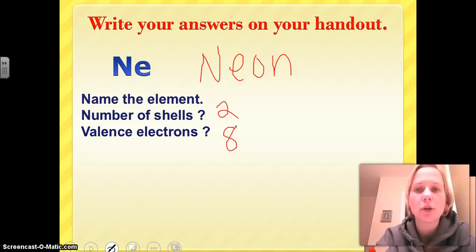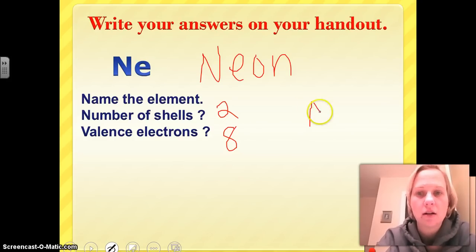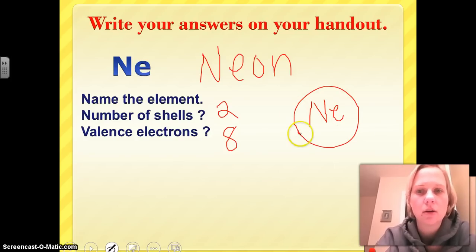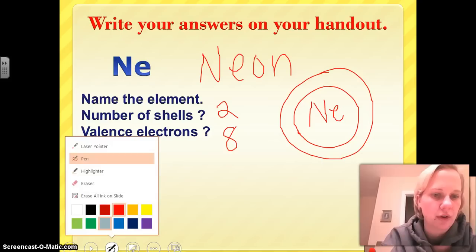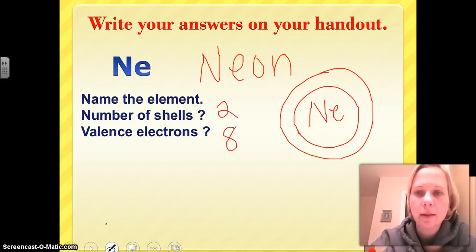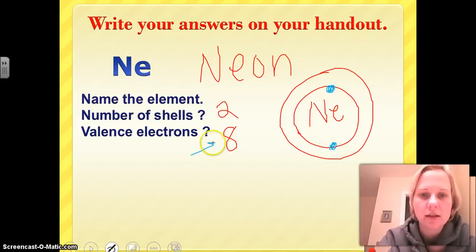So if I were to draw out neon, and this is going to represent my nucleus, I've got 1 circle, I've got 2 circles, and I'm going to change my pen to a different color just so we can see the electrons. So I've got 2 electrons in the first circle, and this number right here tells me I've got 8 on the second circle.